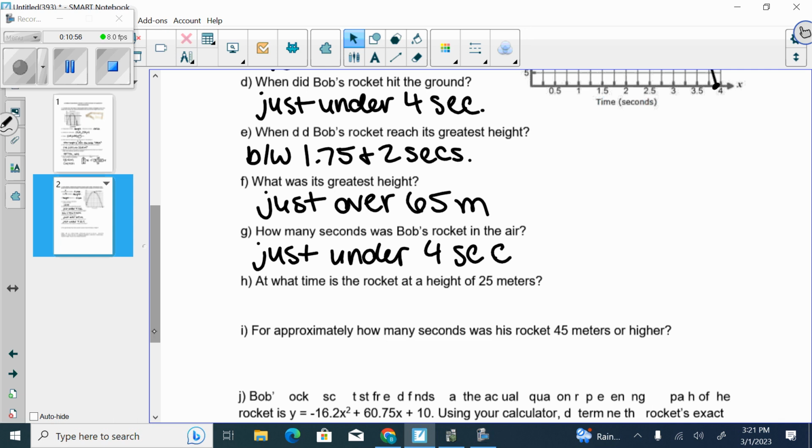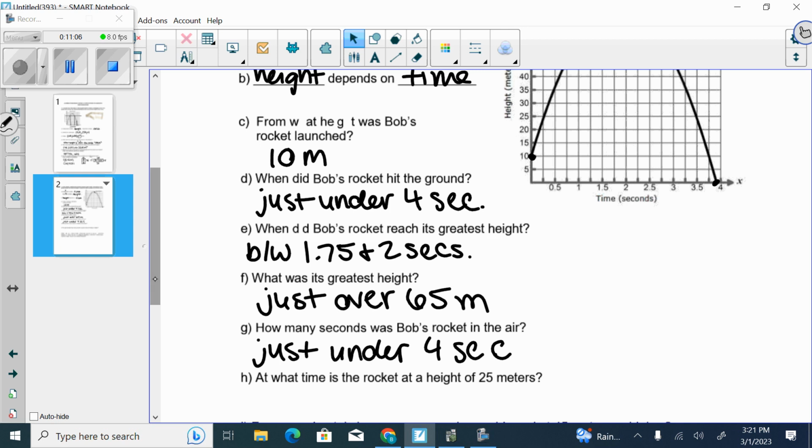All right. H says, at what time is the rocket at a height of 25 meters? So now I'm going to go back up here to my graph and find 25 meters of height. So 25 meters is right here. That's right here, right? Right, it happens really early on, right? And then it happens again later on, right?